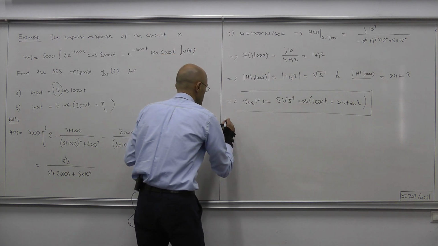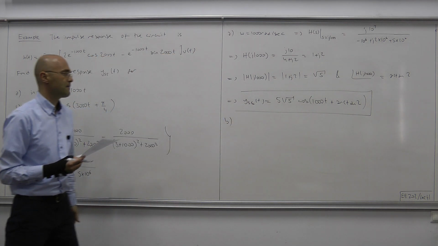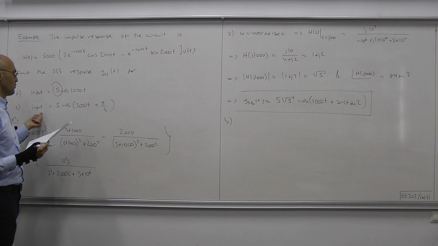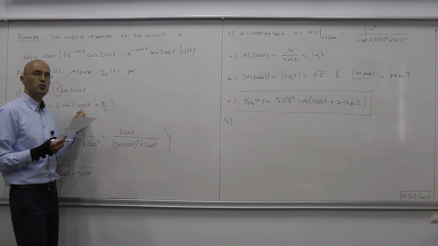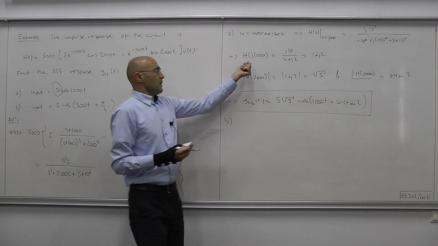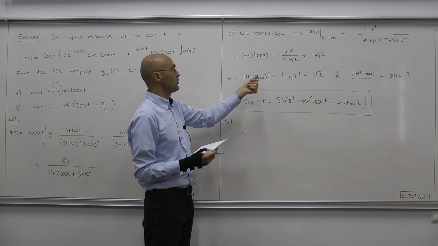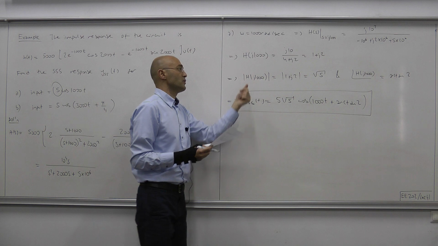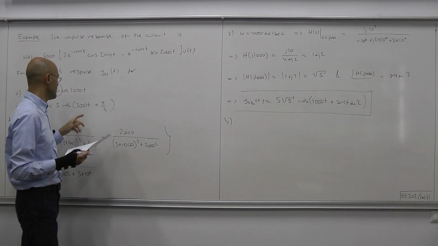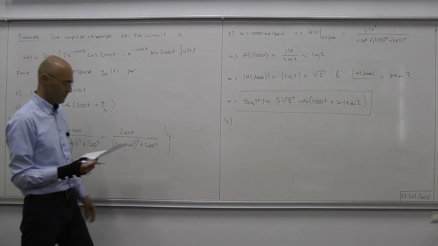Okay, let's also quickly do the second case for the second input. This time we're going to evaluate the magnitude and the phase of the transfer function at j3000.